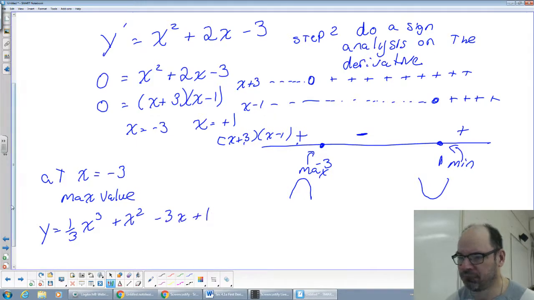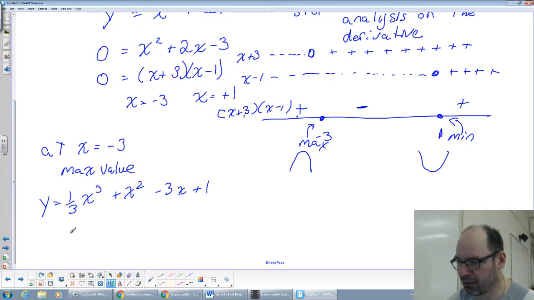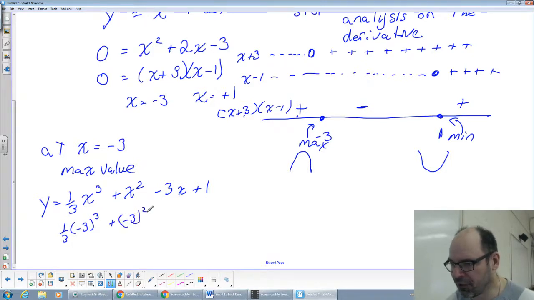Make sure I got that. Then I put in 1/3 times negative 3 cubed plus negative 3 squared minus 3 times negative 3 plus 1.